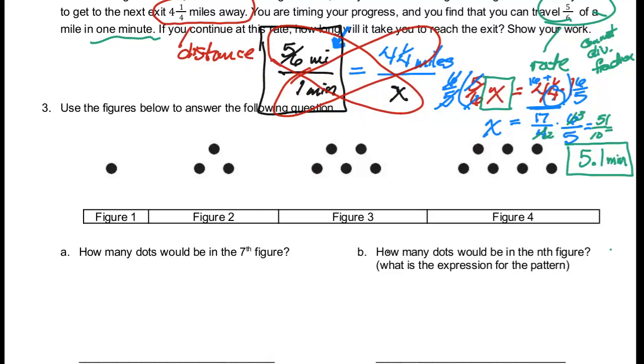Okay? If you want to change your minutes to seconds, you would take 5 times the 60 seconds, because there are 60 seconds in a minute, and in 1/10 of a minute, you would take 0.1 times 60. This is going to give you 300.